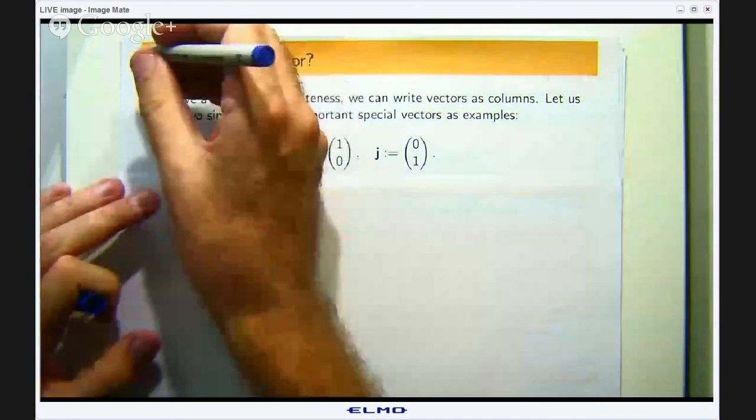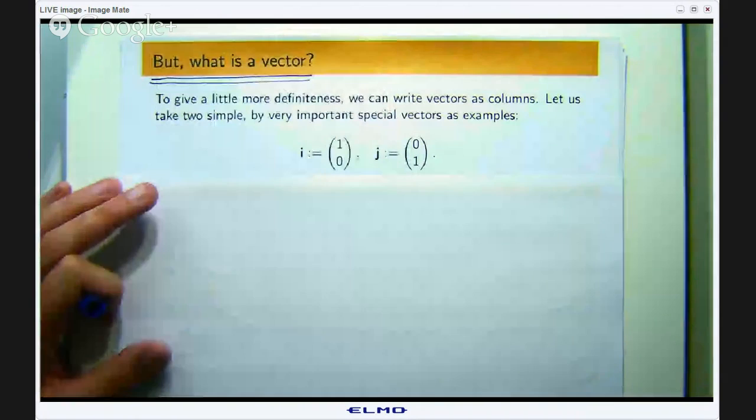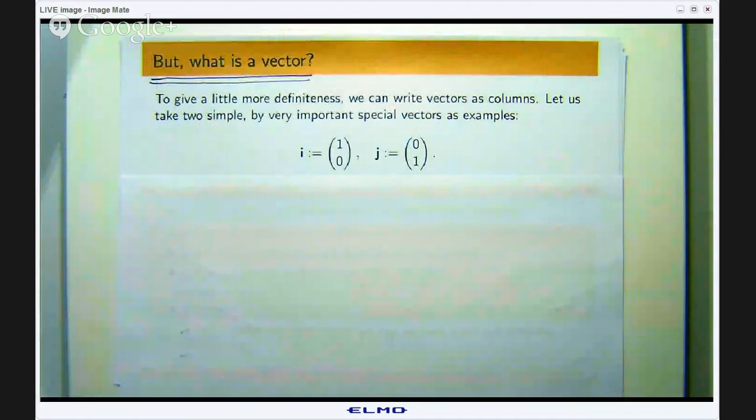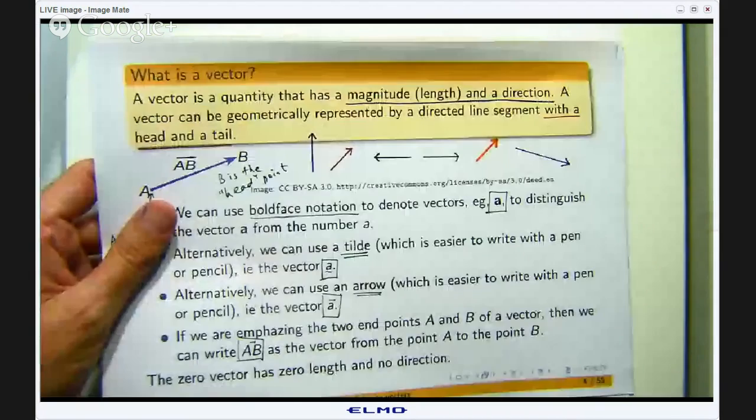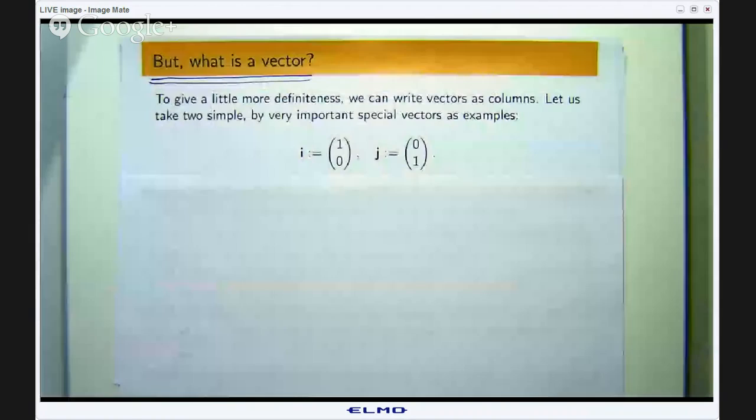So the first part of this presentation is designed to answer the question, but what is a vector? Essentially I'm going to write vectors not just as boldface or tildes or arrows type expressions. We're going to write them as columns.